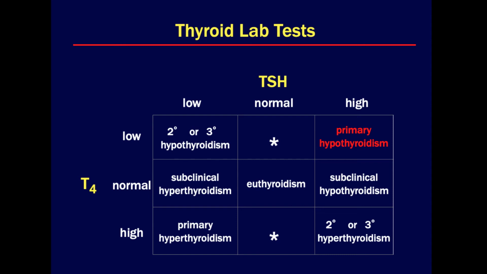Let's try to make more TSH, more TSH, more TSH, and knock on that thyroid and say, hey, wake up, make more T3 and T4, but there's something wrong with the thyroid and it can't. So your TSH levels are high, and your T4 levels are going to be low.